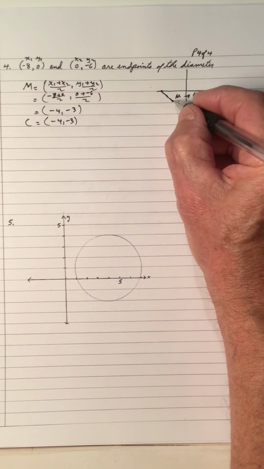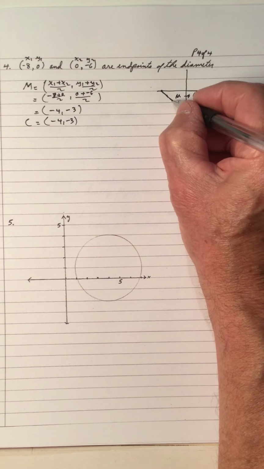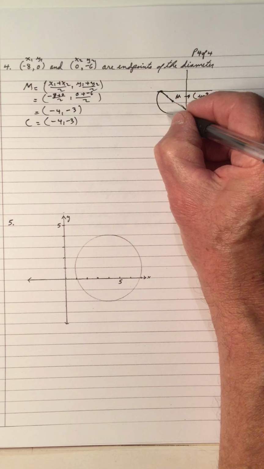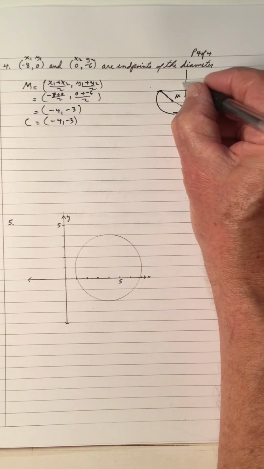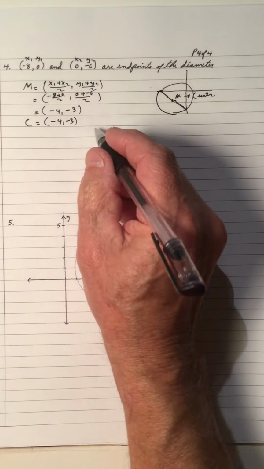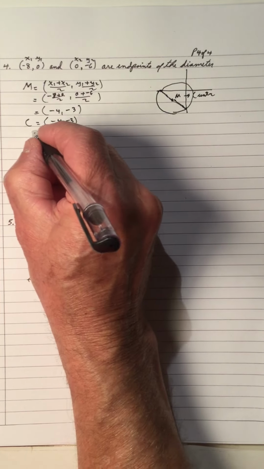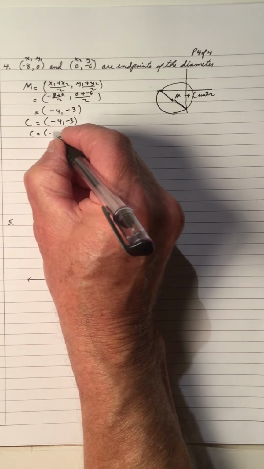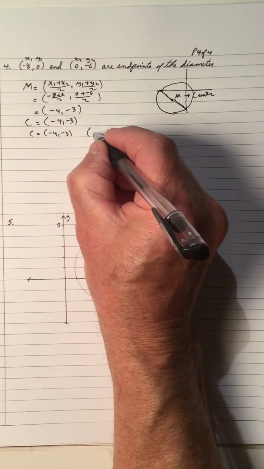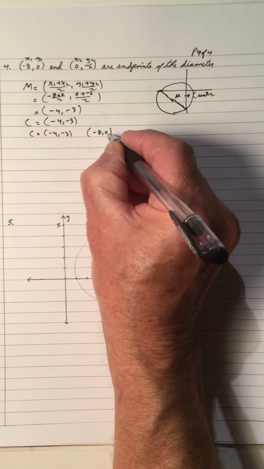So if that's the center, then the distance is there. So if that's a radius, so the circle goes like this. So there's the center. And so now we'll use the center, which is C equals negative 4, negative 3. And we'll take another point. Take the negative 8, 0.